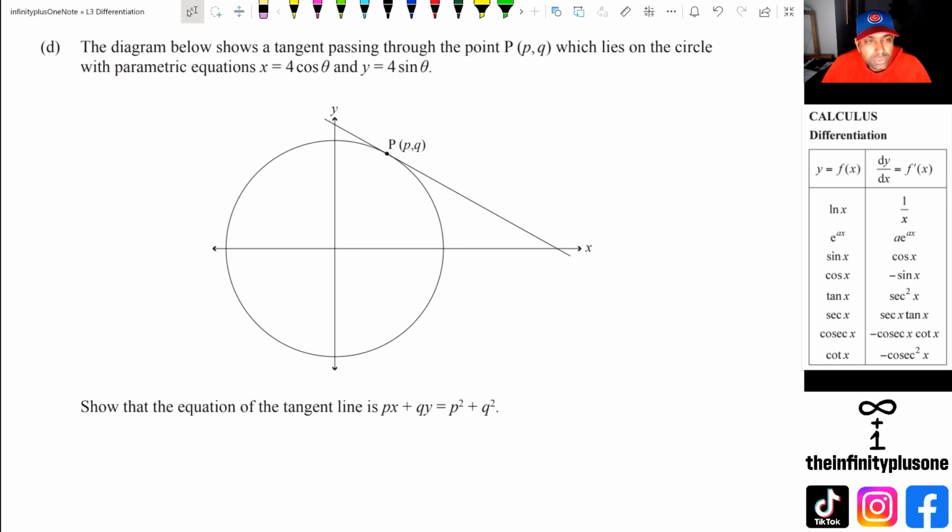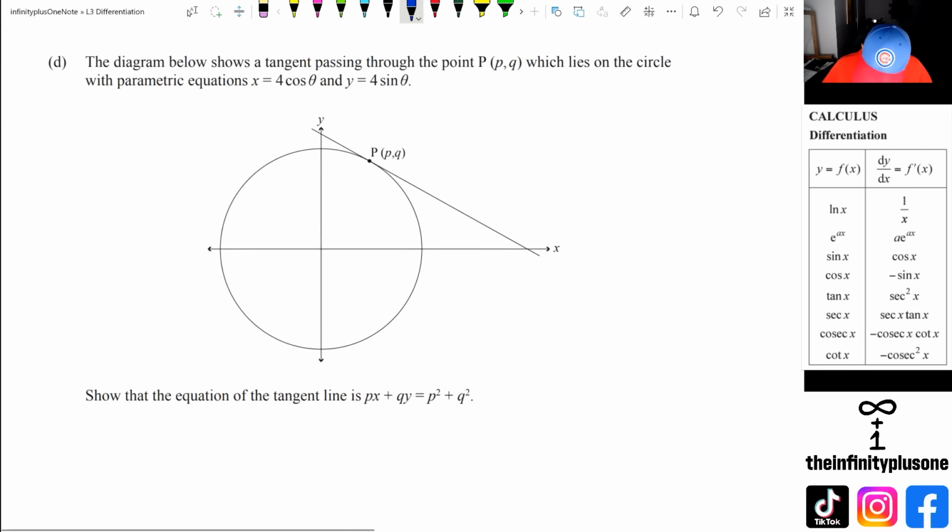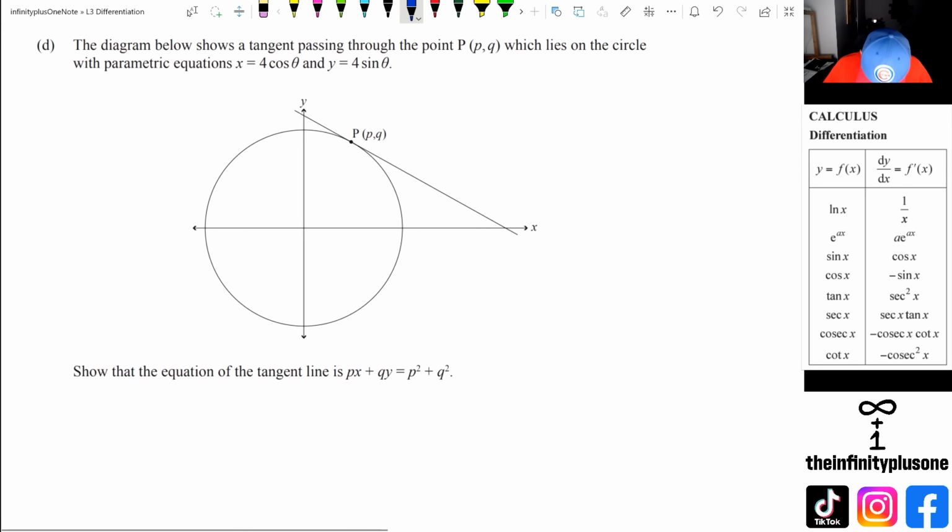All right, so for this question, what we've got is a proof question. So we've just got to do parametric equations, well, differentiation, and then put it all together. So let's actually do this. We've got x is equal to 4 cos theta.